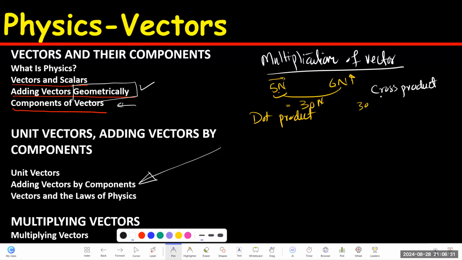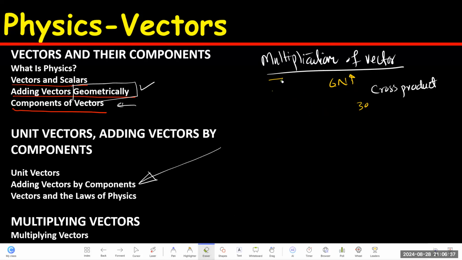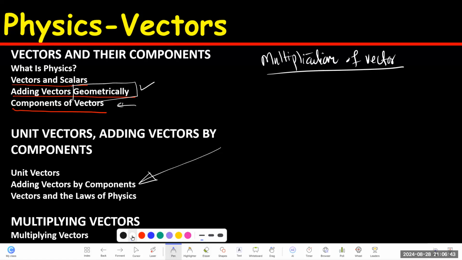Okay, so I have a dot product, I have a cross product. Let's do them one by one. We're talking about the dot product first. The dot product actually measures how much two vectors are in the same direction, or how much two vectors are aligned towards the same way.